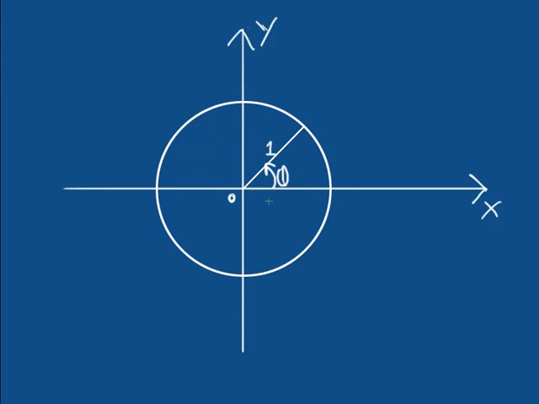If we were to rotate through negative theta, we'd get something that looks a little bit like this. So if theta equaled 45 degrees, for example, this would be minus 45 degrees. It's the same magnitude of the angle, just in the opposite direction.